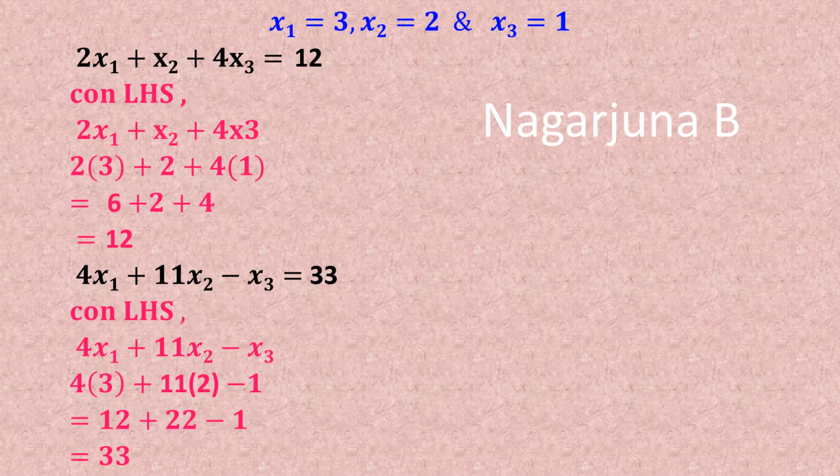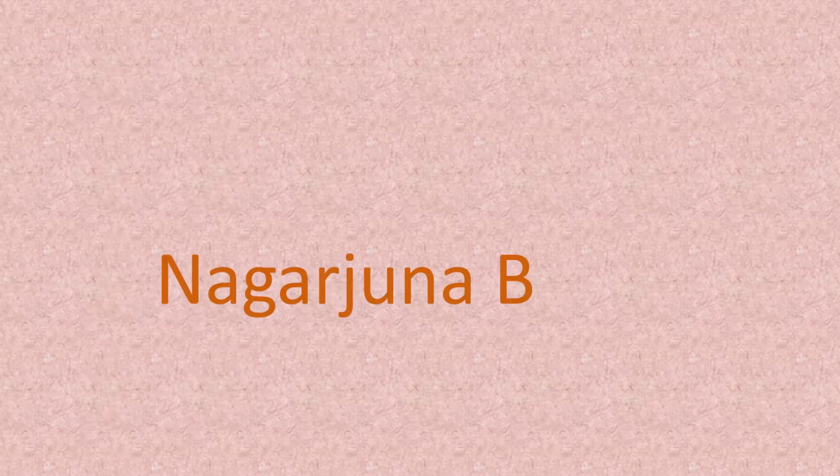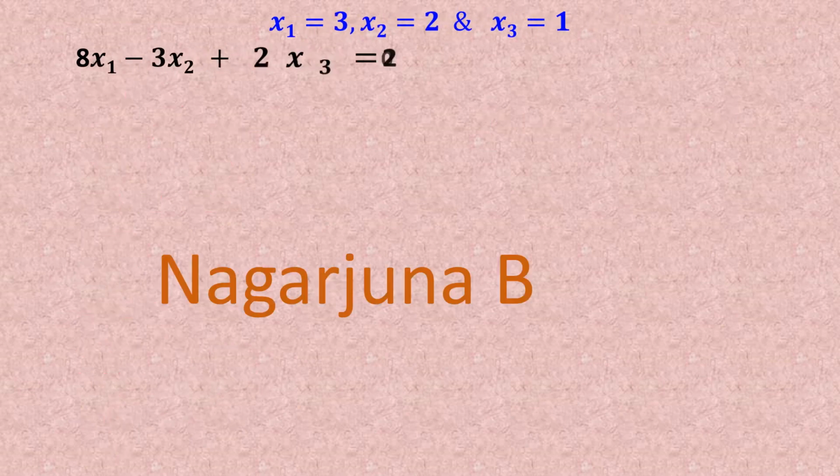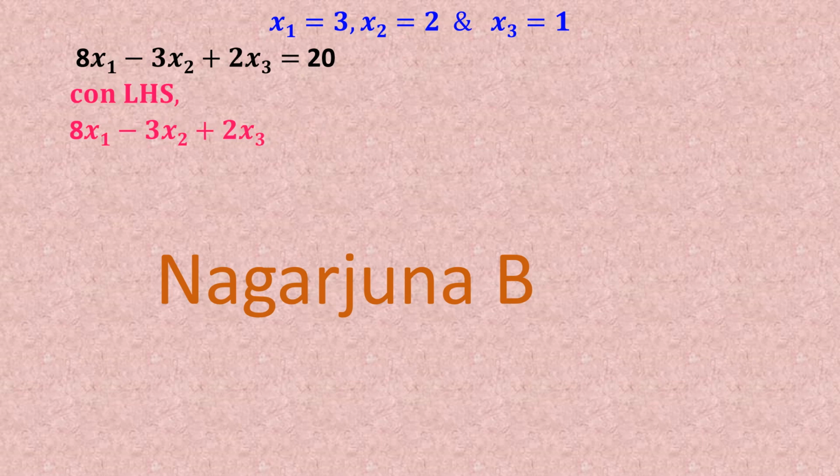Now we shall verify the third equation. The third equation is 8x1 minus 3x2 plus 2x3 equal to 20. Consider LHS, 8x1 minus 3x2 plus 2x3. Now substitute the values of x1, x2 and x3.